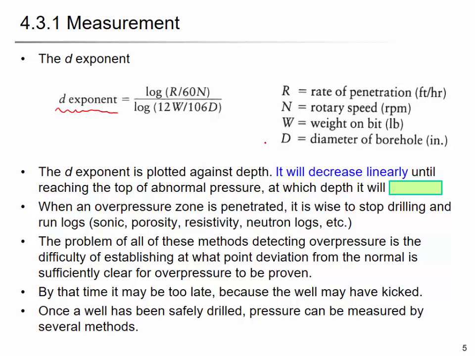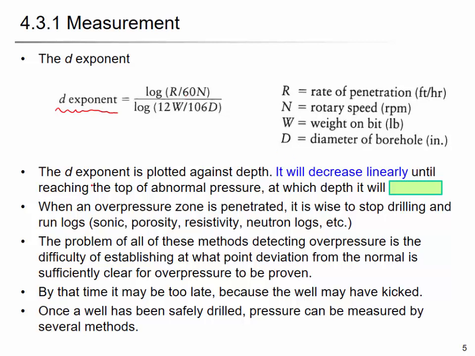As you go deeper, because the porosity will decrease and the formation itself will have a higher density, the exponent will increase linearly as you go deeper. That means if you keep the rotary speed, the rotation of the bit, constant, and the weight of bit and the diameter of the borehole the same, then the rate of penetration decreases with depth.